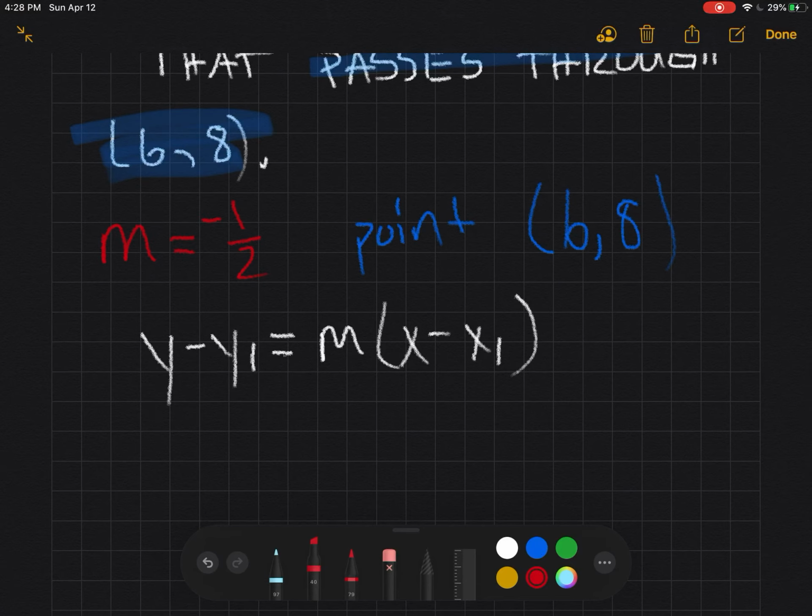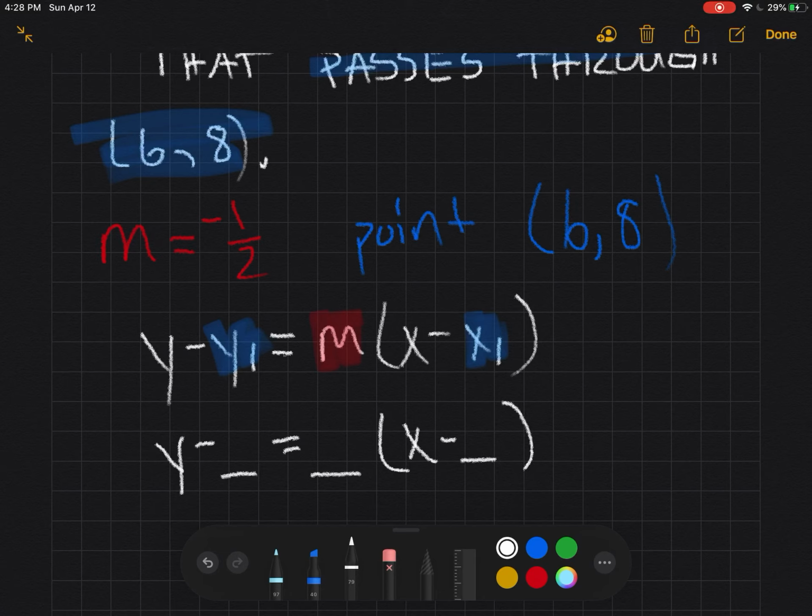We're going to use our point slope formula. y minus y1 equals m times x minus x1. And we've got our slope, and then our x1 and our y1 from our point. So I'm going to go ahead and write that out.